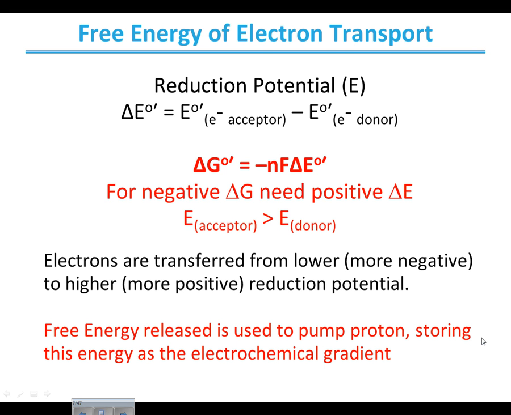The easy way of saying this is we get some free energy released as we move the protons. We store that energy in the proton gradient, and then as we get rid of the proton gradient as the protons flow back through, that gives us the energy we need to make ATP.